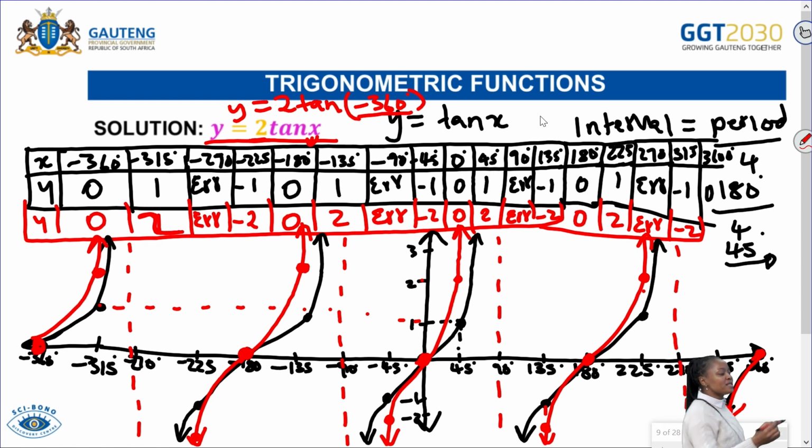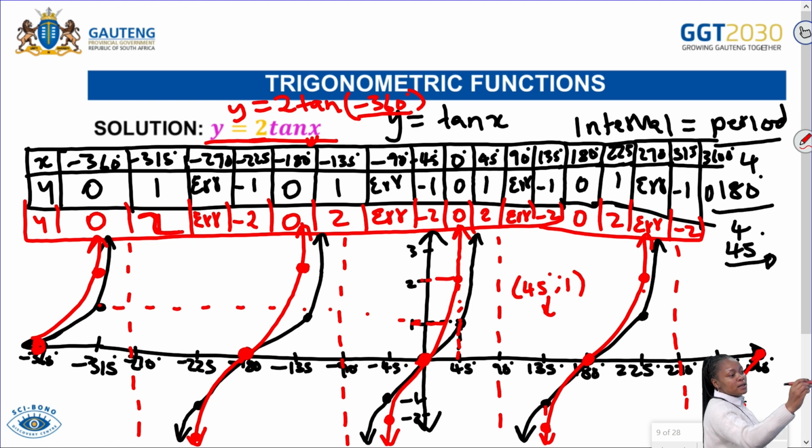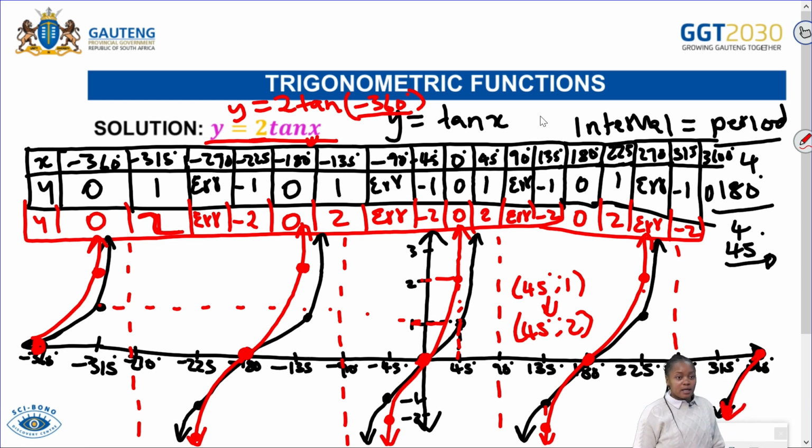Okay, so you'll notice that this point of 45 is to 1. That value of x, which is 45 degrees, was 1. It is now 45 is to 2. It's no longer 45 is to 1, but it's now 45 degrees is to 2. Can you see that? From here, it is now there.